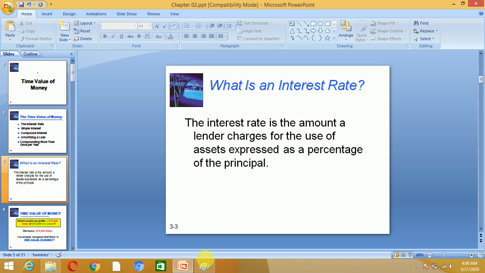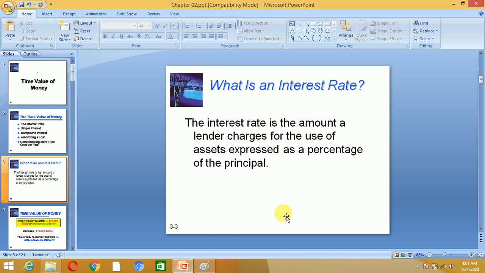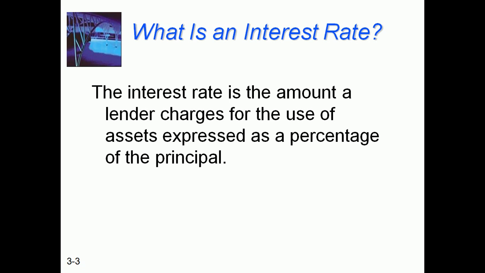This can be 9%, 10%, 7, 5, 6, 15, 20, 30, it can be anything. It will be a percentage of the original principal amount. This $100,000 is called the principal amount. So this is basically an interest rate. I think it will be clear.